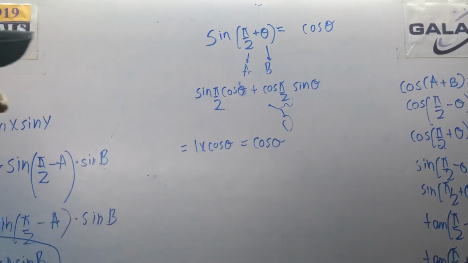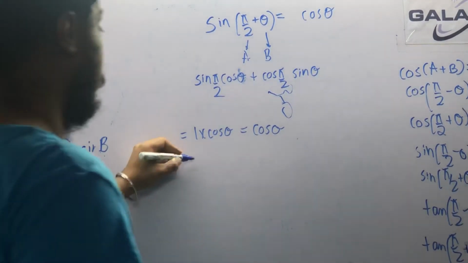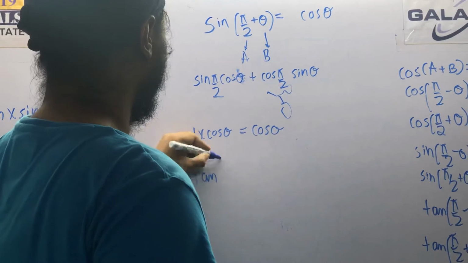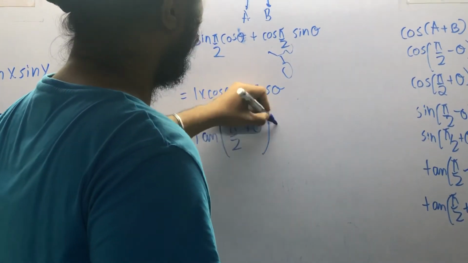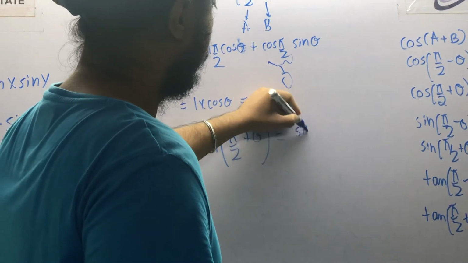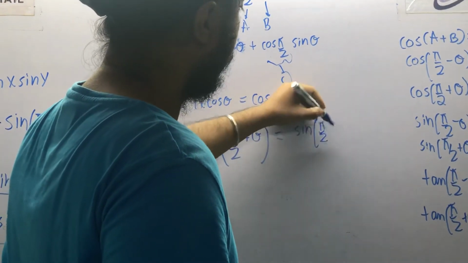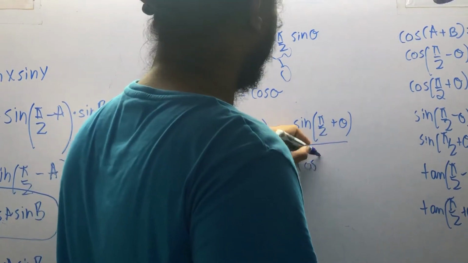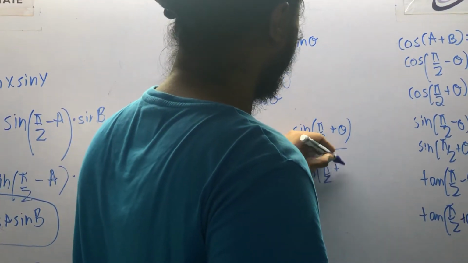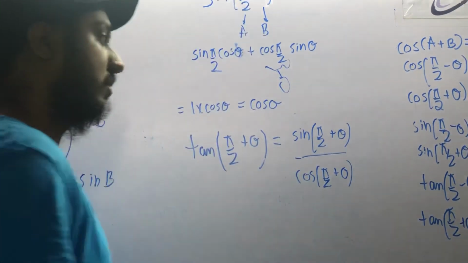Okay. Now the remaining thing is tan(pi by 2 plus theta). Tan(pi by 2 plus theta) is what? sin(pi by 2 plus theta) upon cos(pi by 2 plus theta).